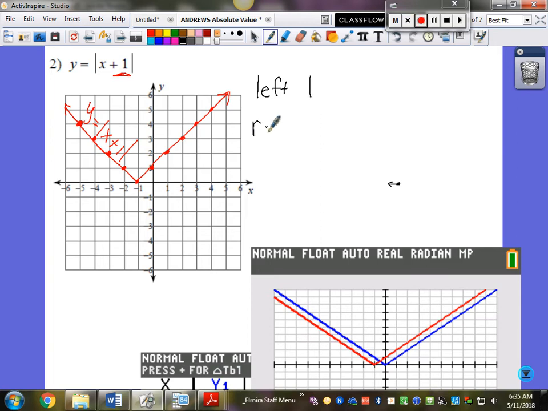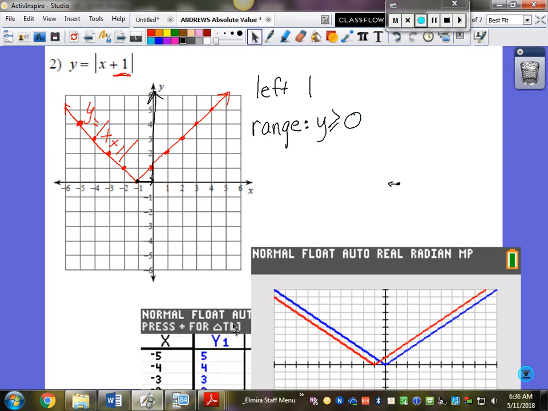Okay, and the range did not change. It's still, the lowest y value is 0, and all of our y values are greater than or equal to 0. And you can see this in the table too. You can see what the range is doing.